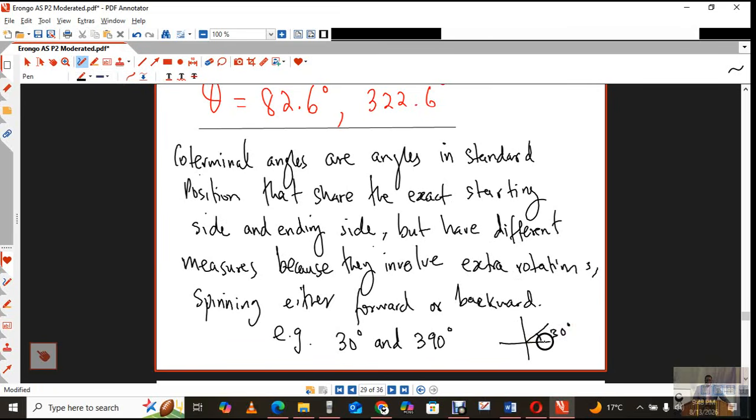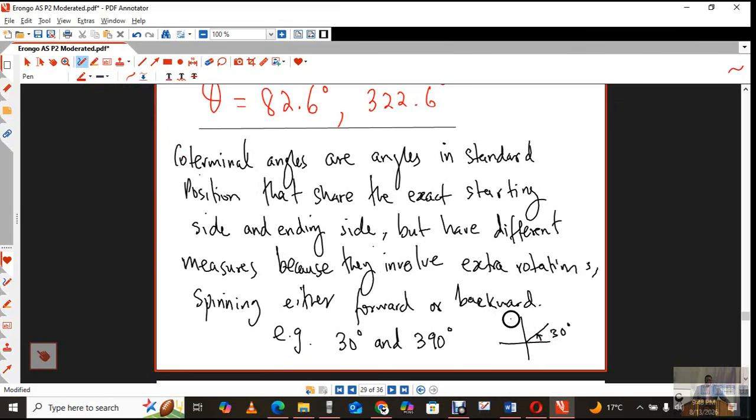Can you see where it started and ended? So I will just show you an arrow. But I can also go with a different one. I can also say, well, I go all the way up to here, that's 360, right? Plus that extra 30, that is 390. So this one here is 390. So that's what we mean by that.